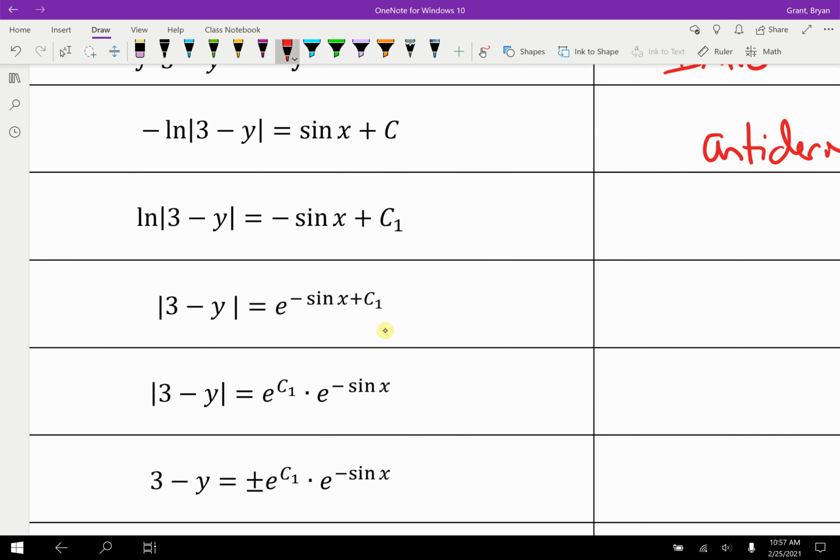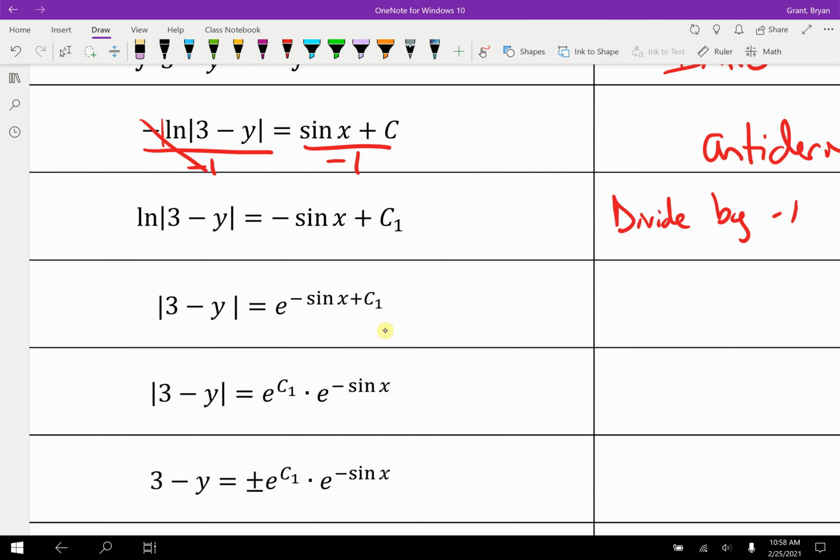So to isolate y, the first thing we're going to do is divide both sides by -1. Divide by -1, right? And you can annotate this as you need. Sine of x divided by a negative is negative sine of x. But what is a constant divided by a negative? Well, it's another constant.